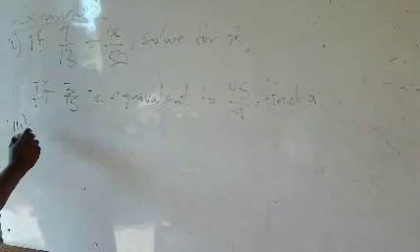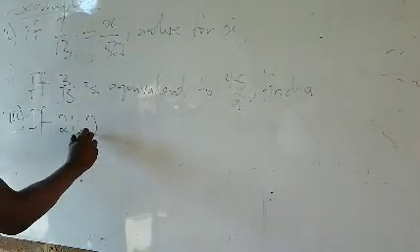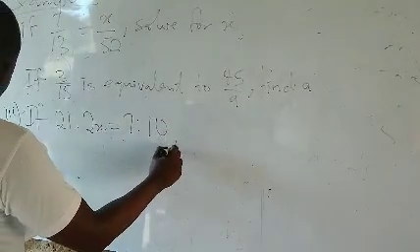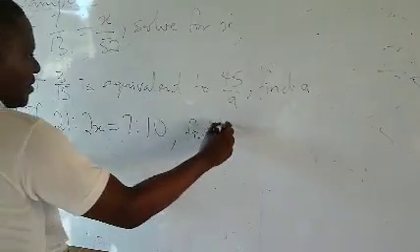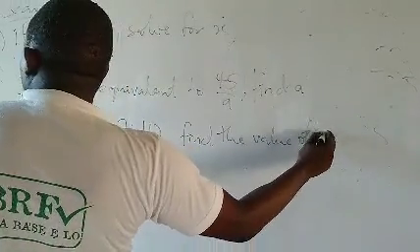Third one, if the ratio 21 to 2x is equal to the ratio 7 to 10, find the value of x.